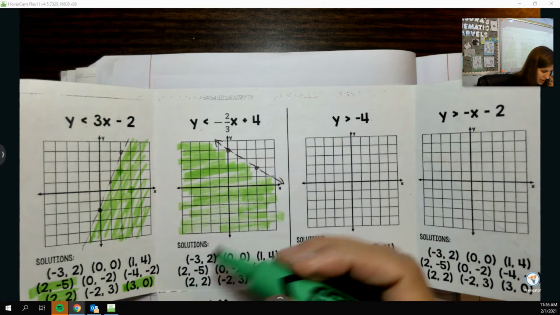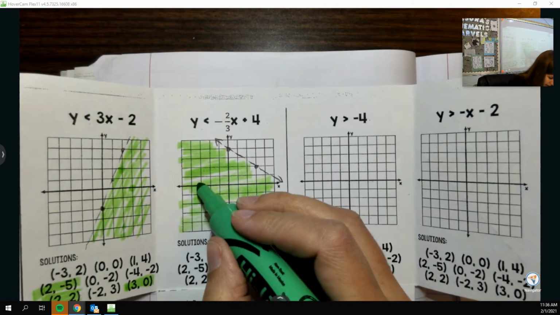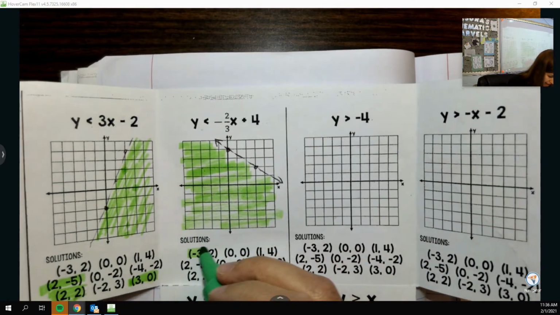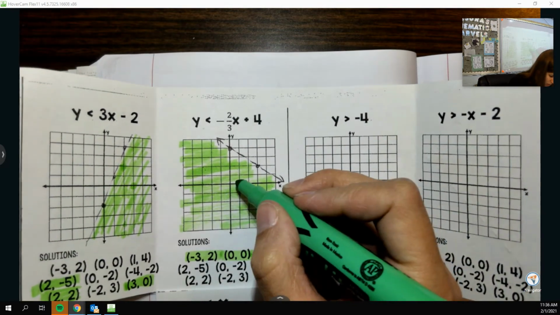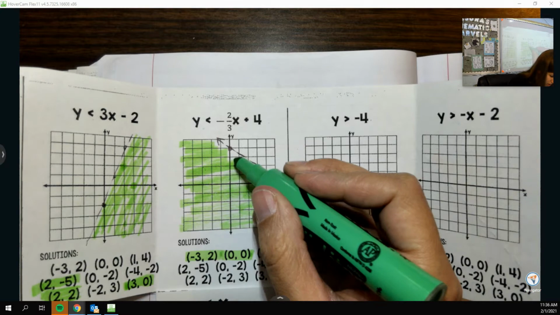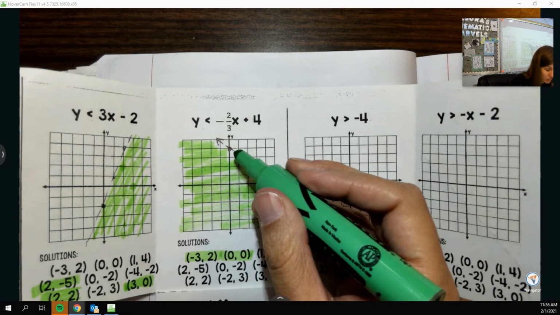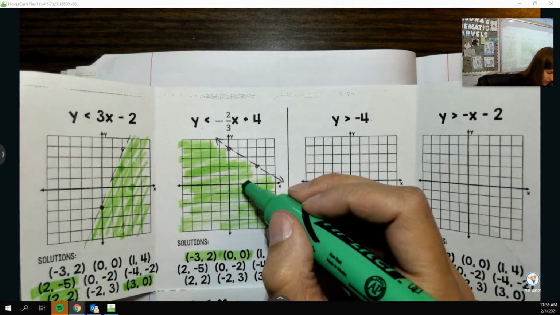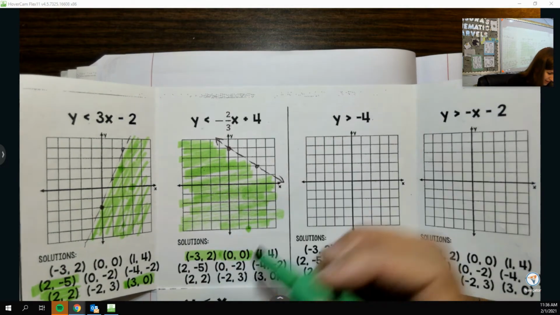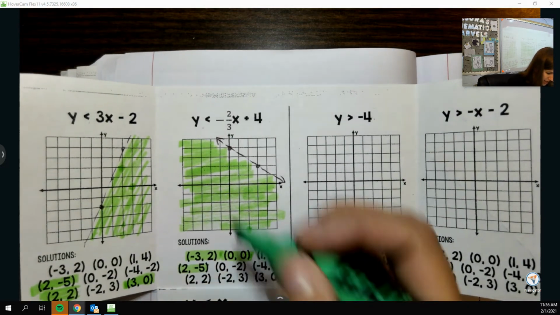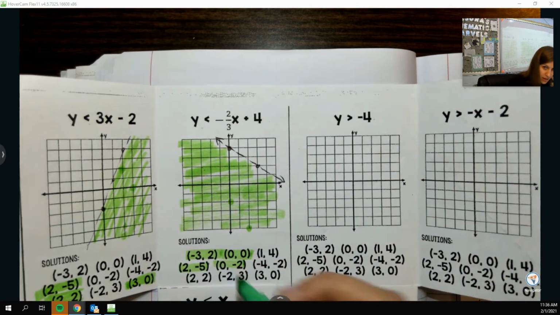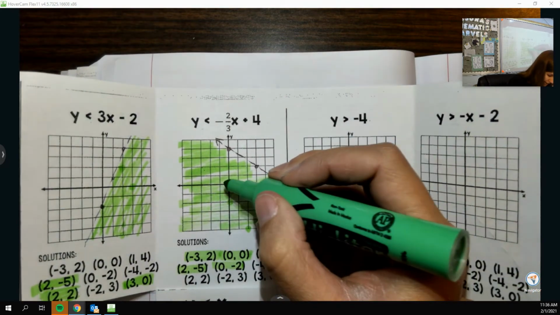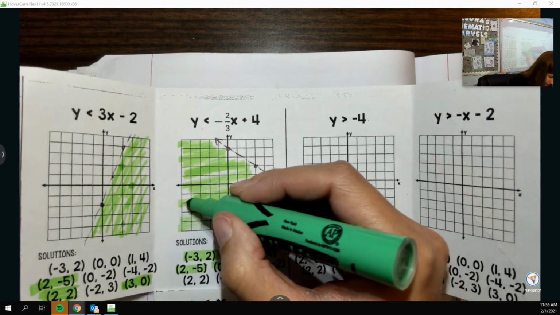Okay, so negative 3 comma 2 is in there. 0, 0 is in there. 1 comma 4, 1, 2, 3, 4 is not in there. 2 comma negative 5 is in there. 0 comma negative 2 is in there. Negative 4 comma negative 2 is in there.